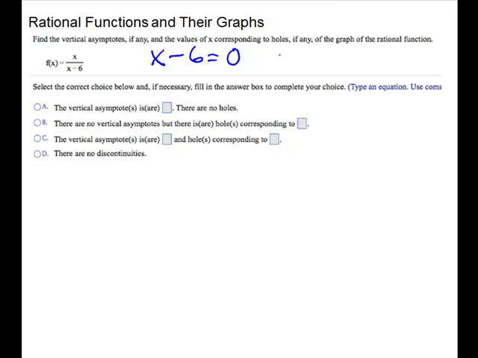Solve, so add your 6. And that is a vertical asymptote. And so our choice on here is going to be A. The vertical asymptote is x equals 6. And there are no holes.